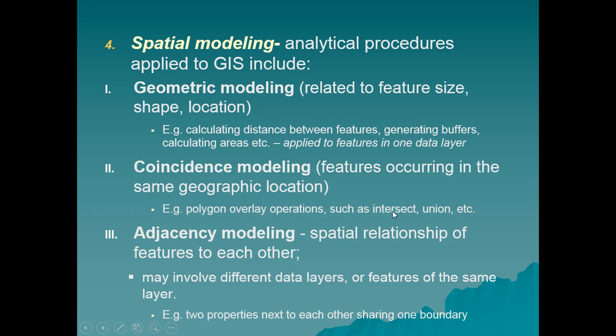Intersect would produce, if you recall, features within two separate layers occurring within the same geographic space. Another example of coincidence modeling would be union. If you recall, the union results give you everything from both layers, so some occur in the same space and some next to each other. We also now have adjacency modeling.